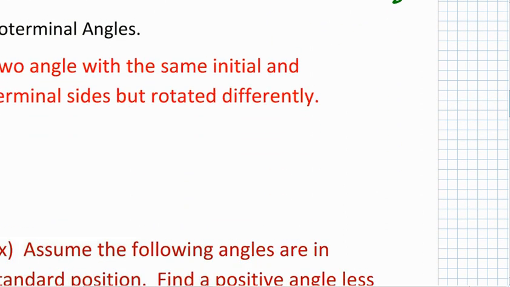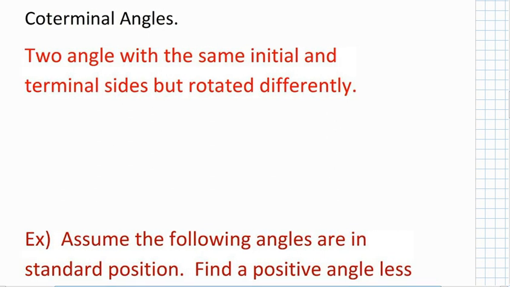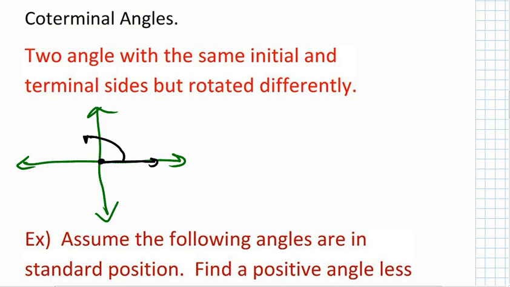Now, when we talk about coterminal angles, coterminal angles are basically angles with the same initial and terminal sides but rotated differently. For example, here is an angle that is rotated 120 degrees.